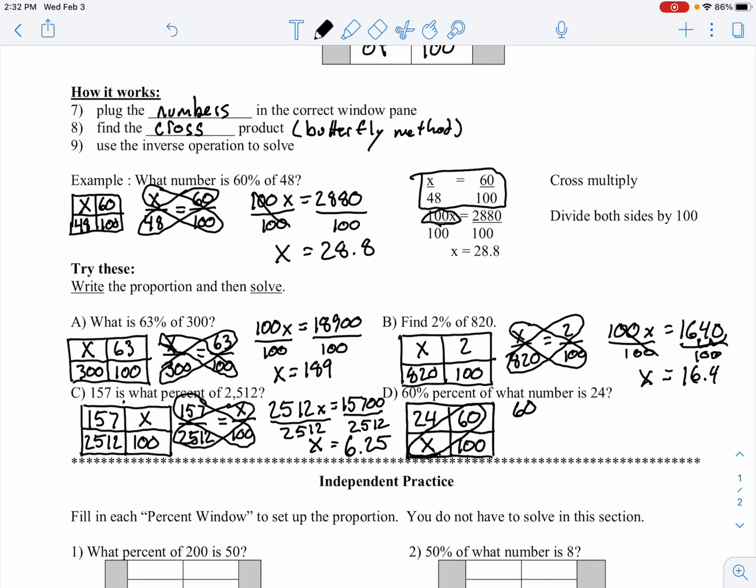So we're going to get 60 times x is equal to 24 times 100, which is 2,400. We're going to divide by 60, and x is 2,400, whoops, sorry, 1 second. 2,400 divided by 60 is 40.